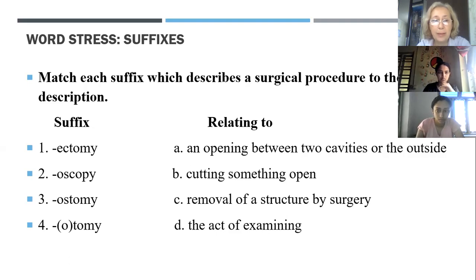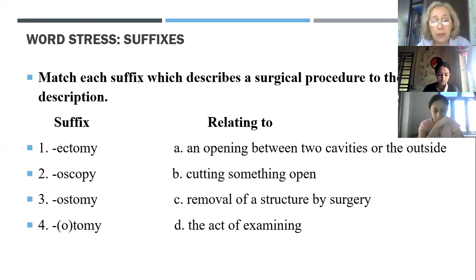To the left, you can see the suffixes: ectomy, oscopy, ostomy, otomy, and to the right, we can see the explanation of these suffixes. The task is to match each suffix, which describes a surgical procedure, to the correct description. Now let us listen to Ramisha.